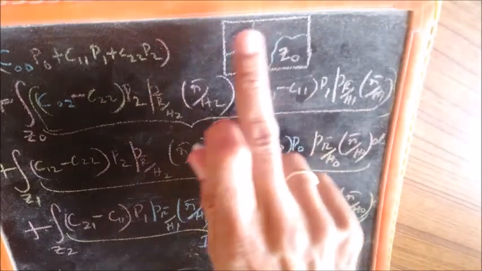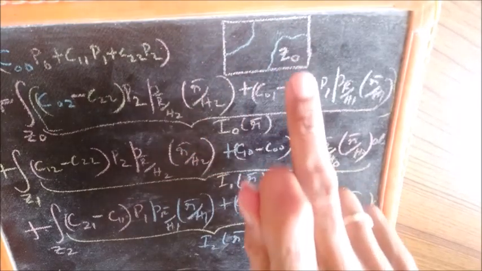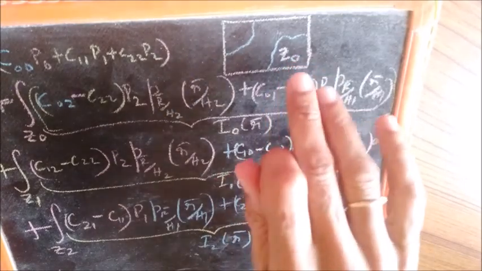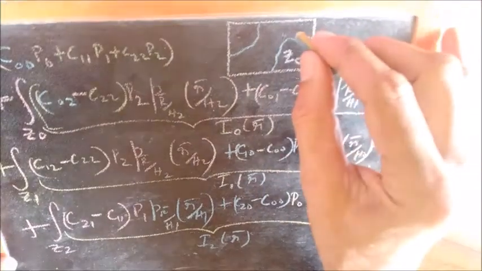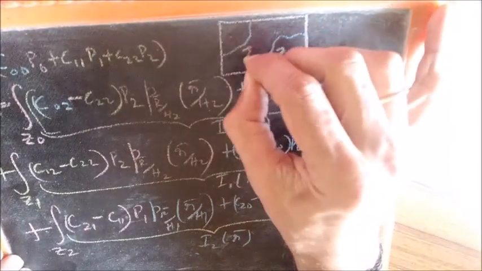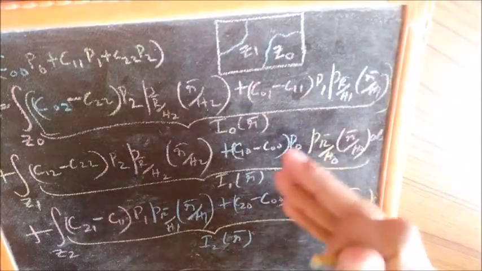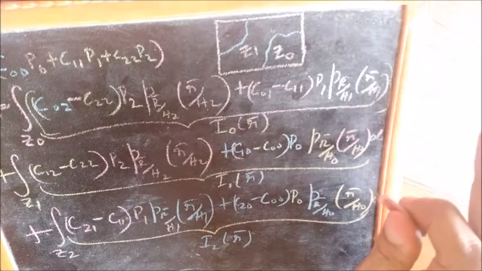So wherever in this observation space I0 is the minimum compared to I1 and I2, you call that region Z0. And wherever I1 of R is less than I0 and I2, you call it region Z1.